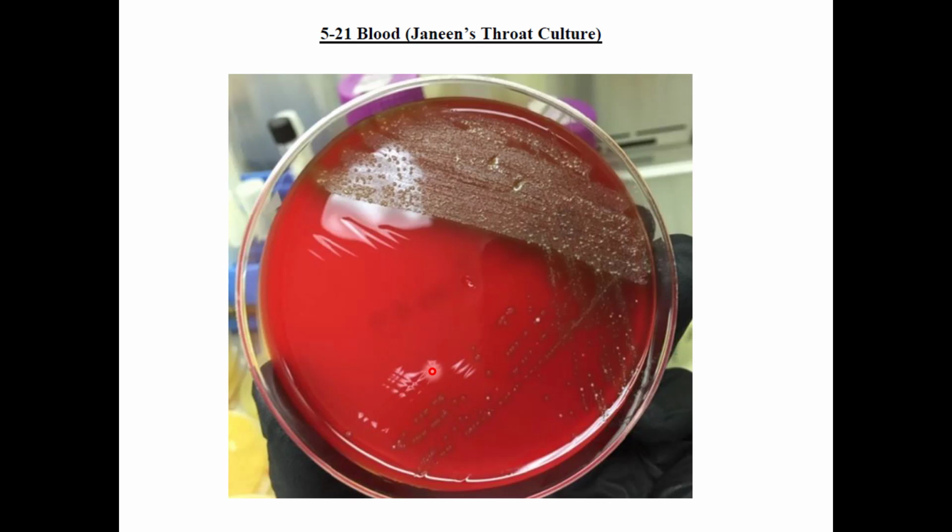Sometimes we get predominant colonies that are isolated, and they all have a pattern of beta around them. Instead of being over here, we see them just over here. But this is just the example that you have. So your results for the data sheet are going to have to be based on our Janine's throat culture. Okay, this is our lab technician.